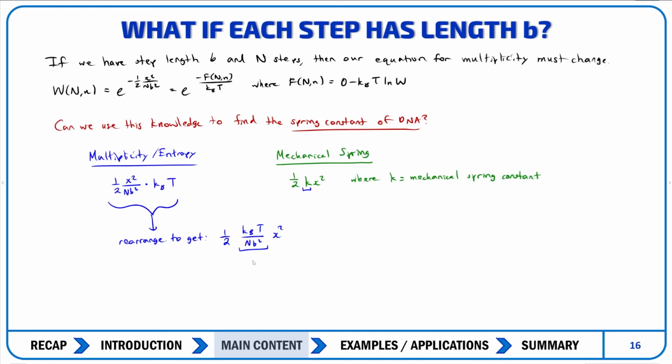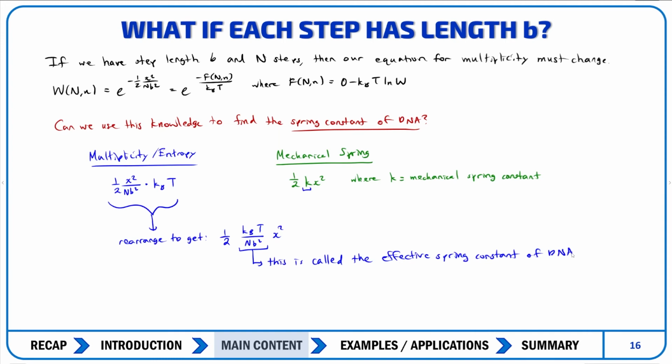So this over here in the middle is called the effective spring constant of DNA.